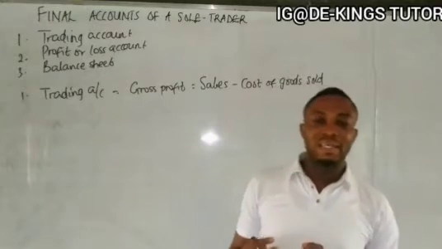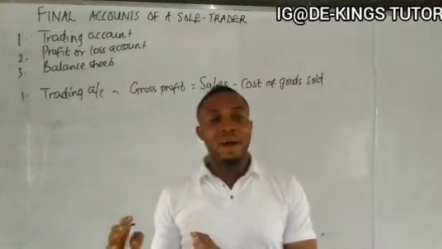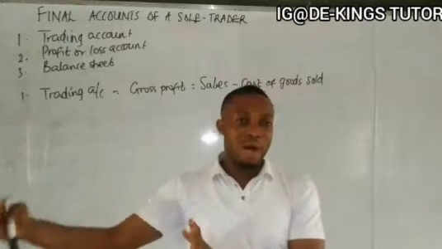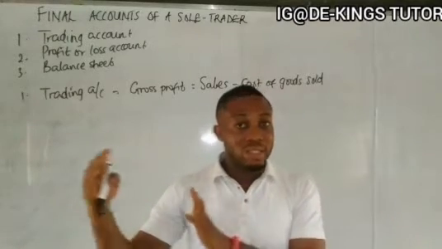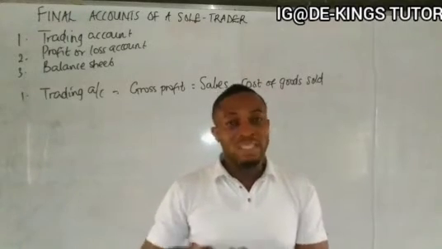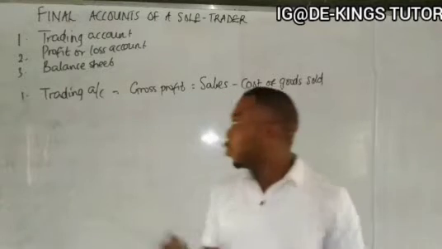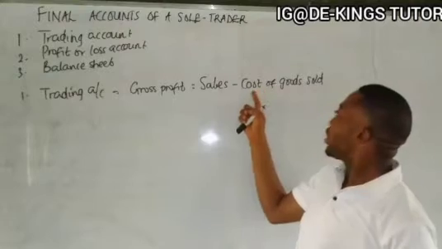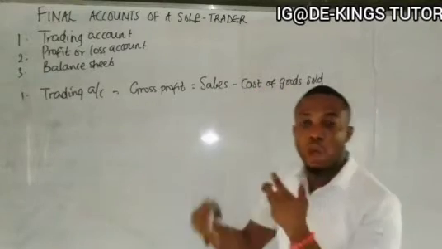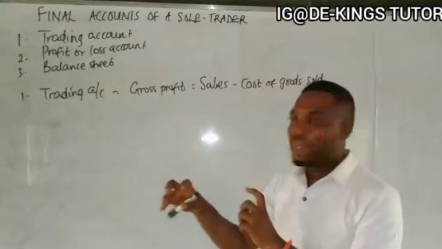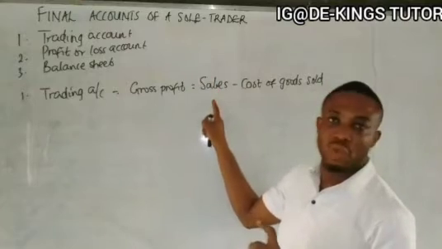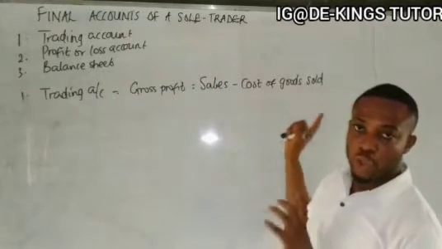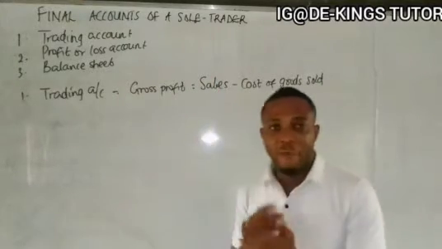Because as business men, they can have some goods in the storehouse that are not sold for that particular year. So the gross profit is got from the sales and the cost incurred in trying to make these sales. That is what cost of goods sold is, and it has a format.